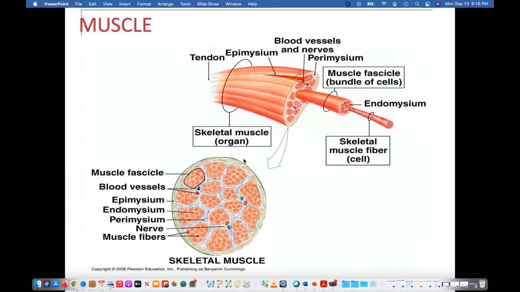Now, when we look at skeletal muscle, we'll see that in its smallest microscopic portion, it is made up of skeletal muscle fiber cells. Each of these skeletal muscle fiber cells is surrounded by an endomysium.